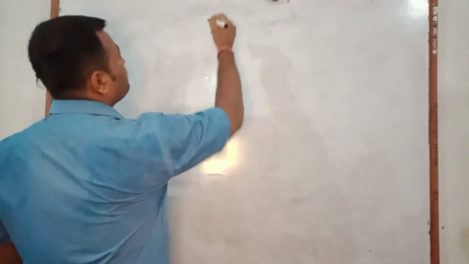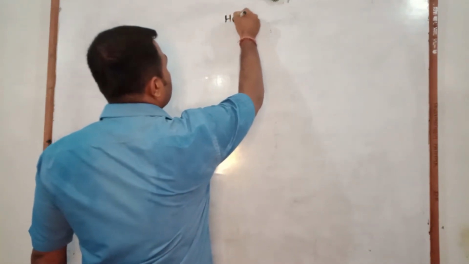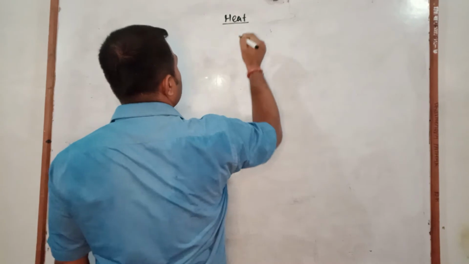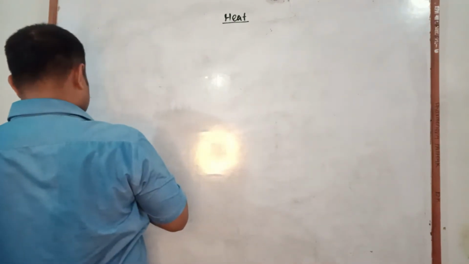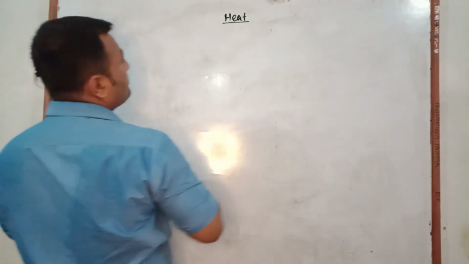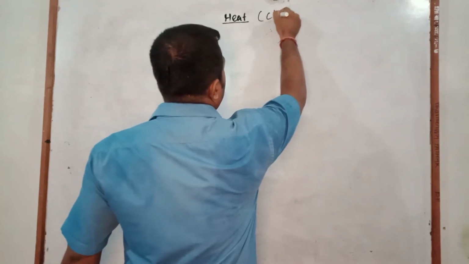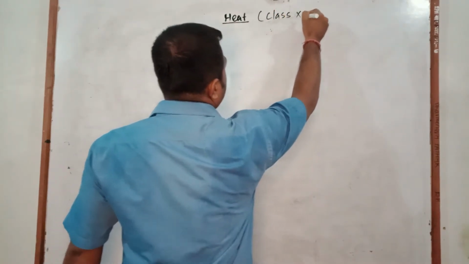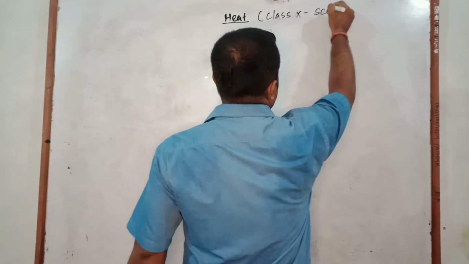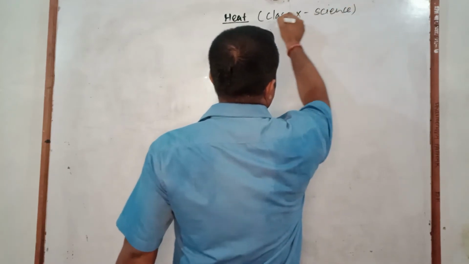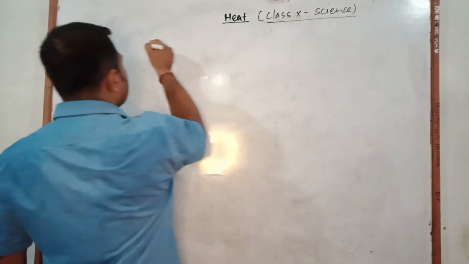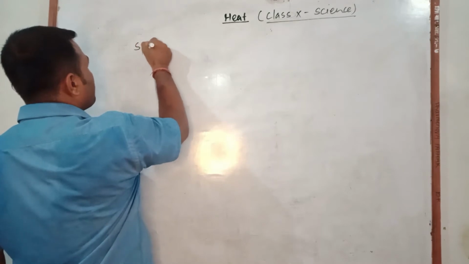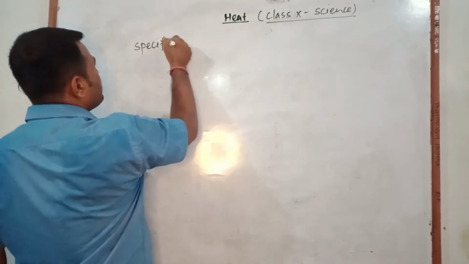At first we write the name of the chapter. Class 10 Science. At first we define specific heat capacity.